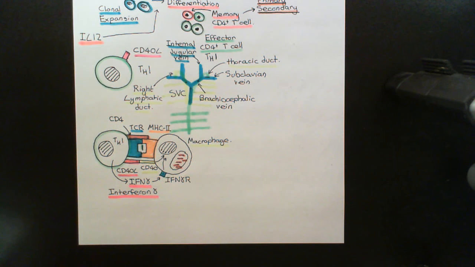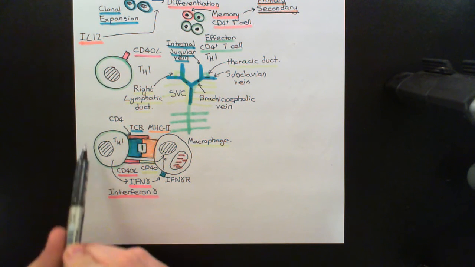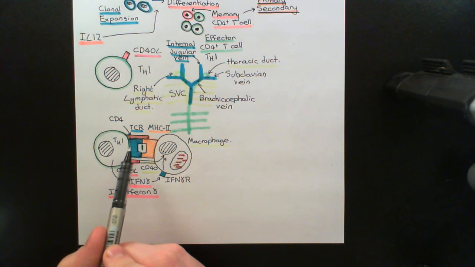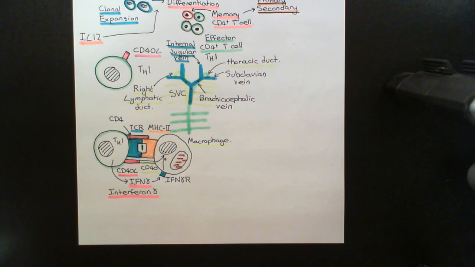Okay, so at this stage I want to also remind you of the fact that you will have produced T helper 1 cells of different clones. Remember, the Mycobacterium tuberculosis cells have a huge number of different antigens.